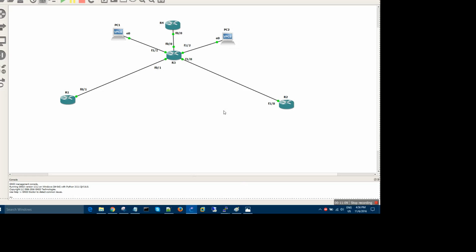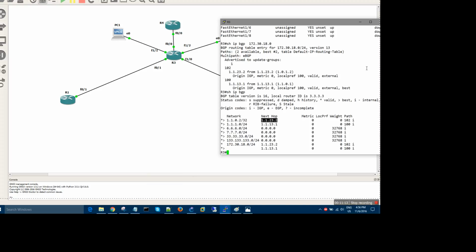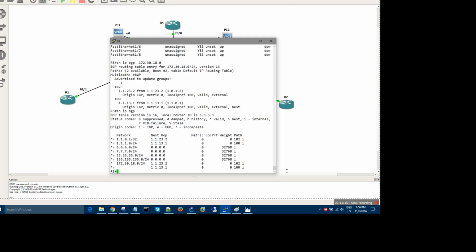Now for us, we are considering eBGP because of our topology. Next is oldest route in the routing table. That's where this lab makes it more clear to me when I am talking about these prefixes and these attributes.